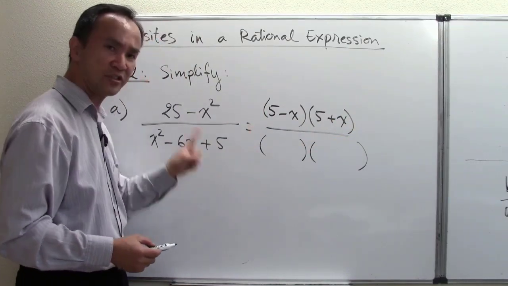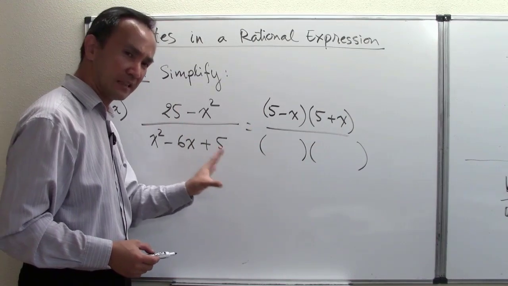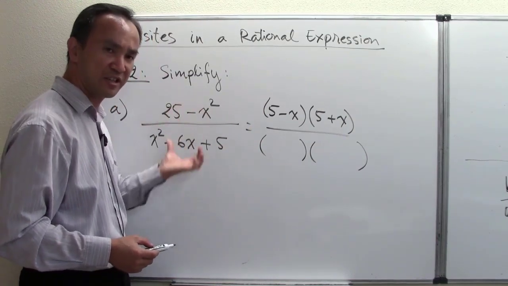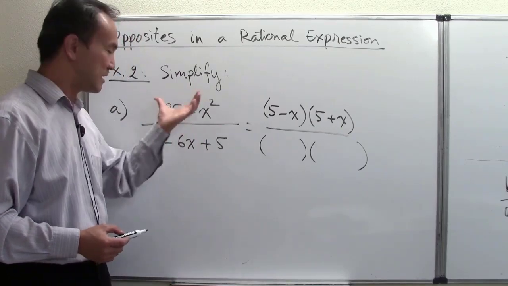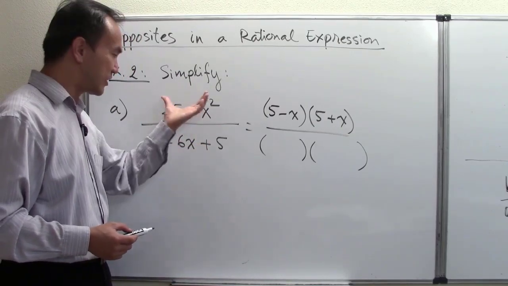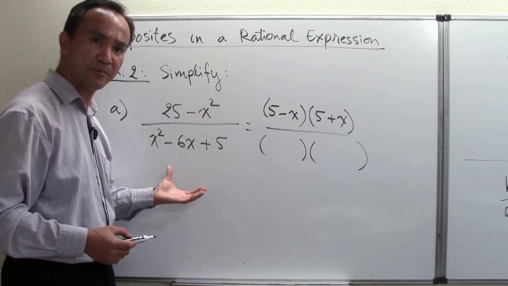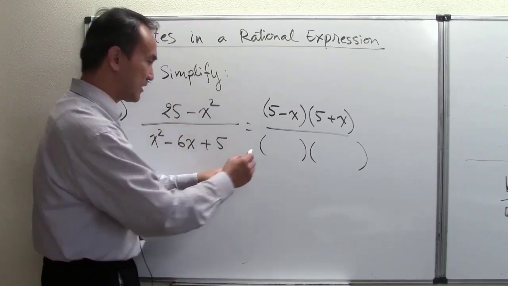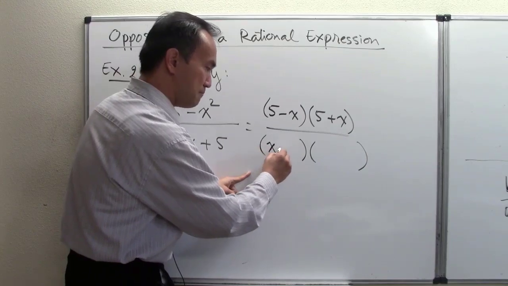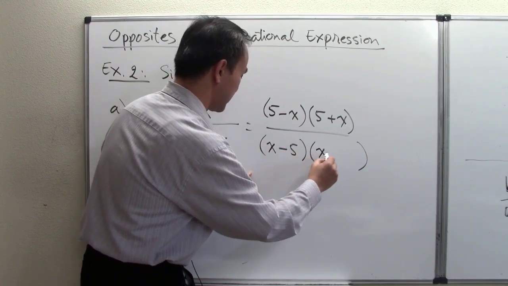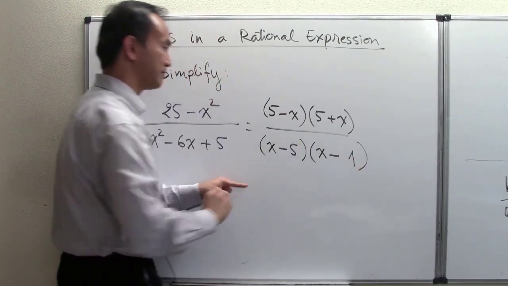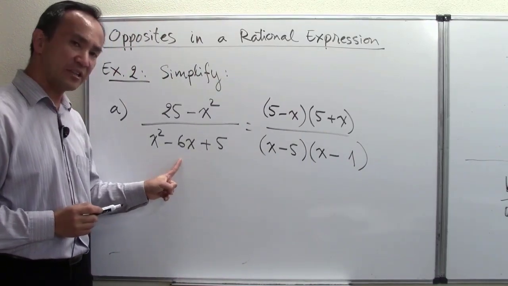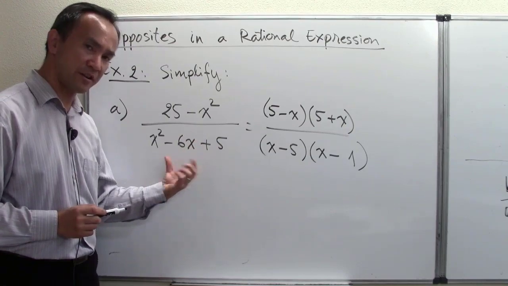Anyone arriving at these video lessons must already have mastered how to factor each one of these. So x squared minus 6x plus 5 can be factored into x minus 5 times x minus 1. That's how I factor the denominator completely.